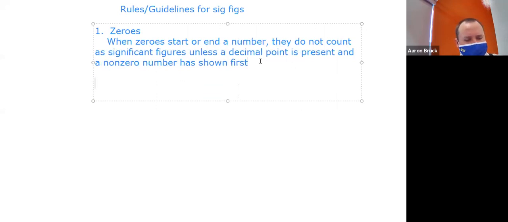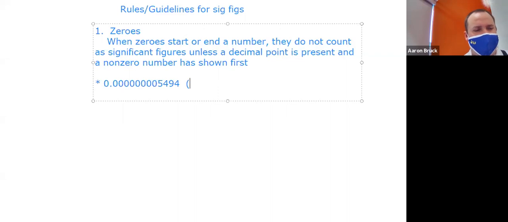So what does that really mean? That means that numbers like this, where I've got a big, heavy trail of zeros followed by some numbers afterward, none of these zeros count.